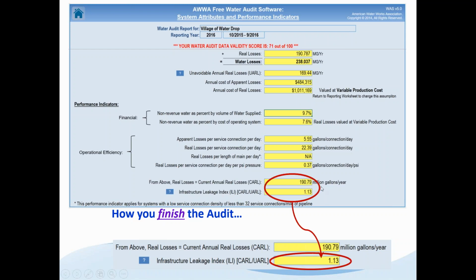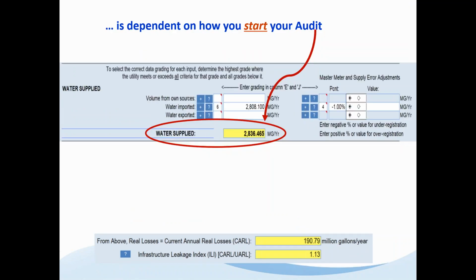One thing I want to point out, we pointed out that the infrastructure leakage index was a 1.13. That is an exceptional score, something that you can be really proud of. But I can tell you that that's not something that you take lightly.